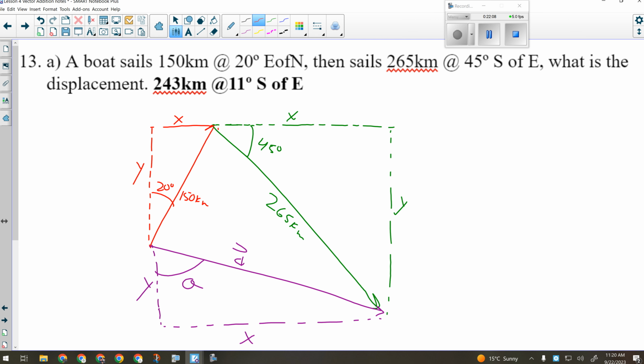Okay, that's what your diagram should look like, guys.